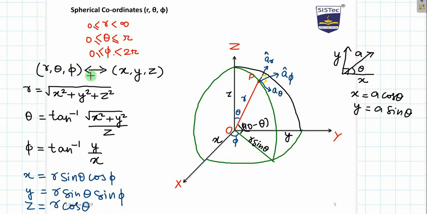If it is given in xyz, that is Cartesian, we can convert it into spherical coordinates r, theta and phi by these three formulas, and if the spherical coordinates are known, with these three formulas we can calculate its Cartesian equivalent. So these are the important relations by which we can convert it.